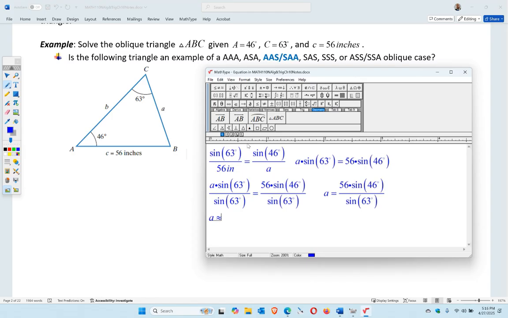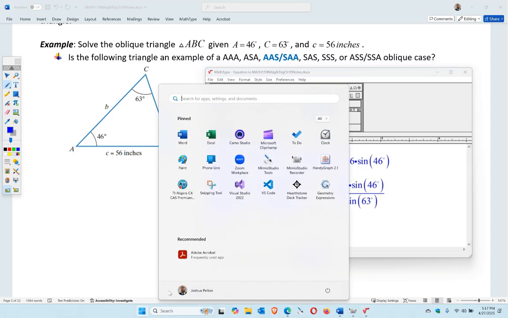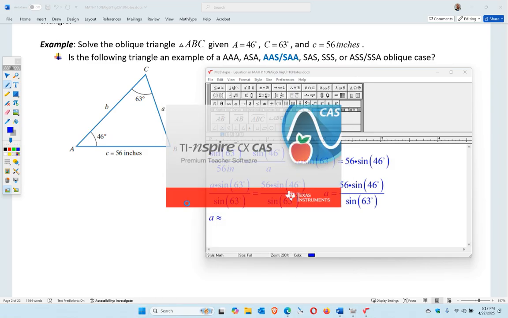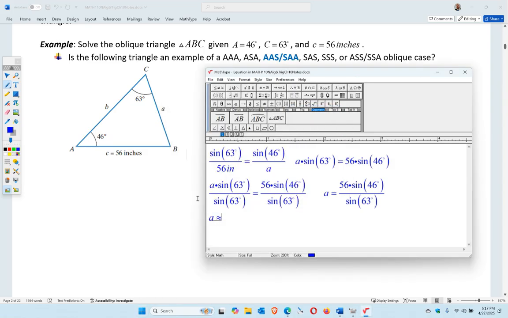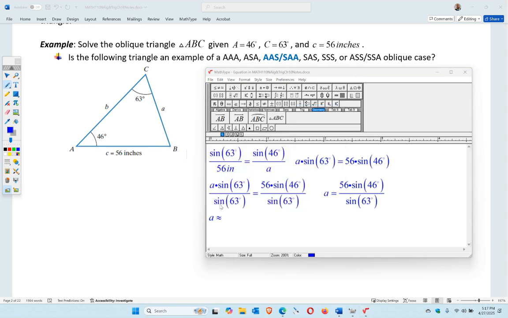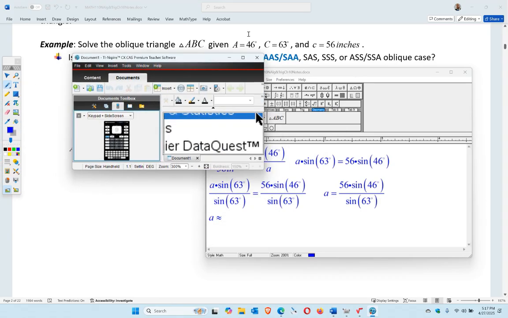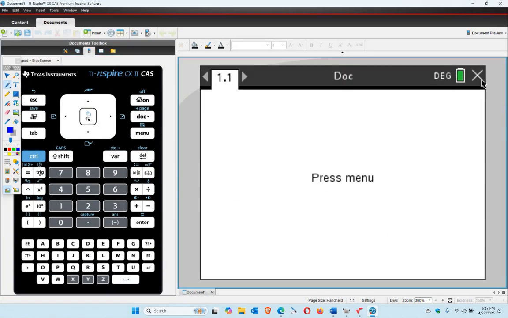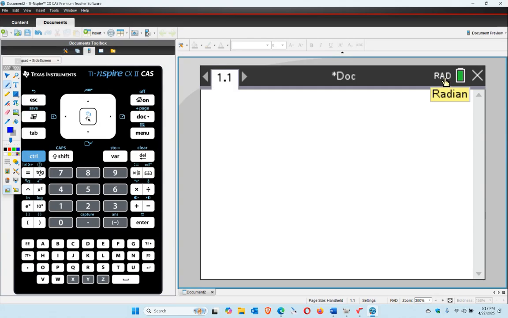Okay, so let's take a second here and load the calculator. It doesn't matter what calculator you use as long as it's in degree mode, not radians. This is the calculator I have, my calculator app, so I need to make sure it's in degrees.